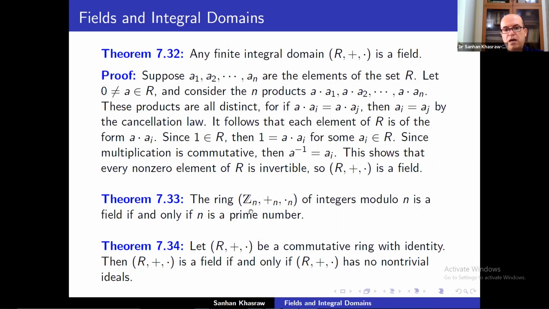The only ideals of Z_n, where n is a prime, are 0 and Z_n itself, because the size of the ideal should divide the number n, and n is prime, so the only positive divisors of n are 1 and itself. Also, the real numbers with the usual addition and multiplication have only 2 ideals, which are 0 and R itself. Then, as we know, the reals form a field, and Q and the complex numbers are the same.